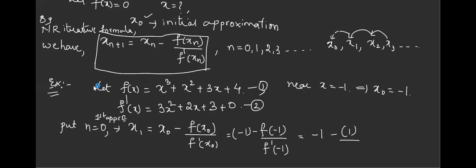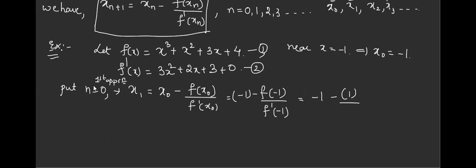Similarly, if I want f dash of minus 1, in equation 2, replace your x by minus 1. This is 3 into minus 1 square means 3, plus 2 into minus 1 means minus 2. So 3 minus 2 is how much? 1. So f of minus 1 is 1 and f dash of minus 1 is 1.